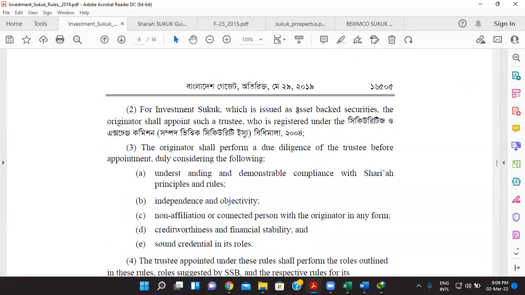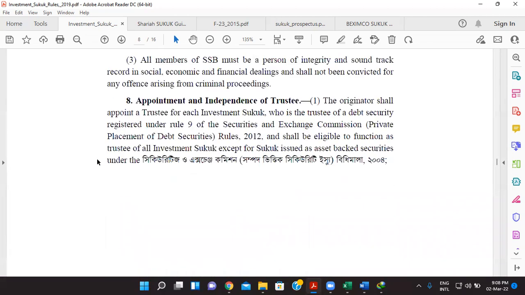What has been said about the asset-backed securities here? The originator shall appoint such a trustee who is registered under the Securities and Exchange Commission guidelines 2004. So you see there are two things.